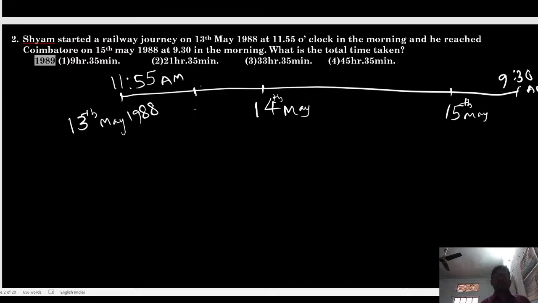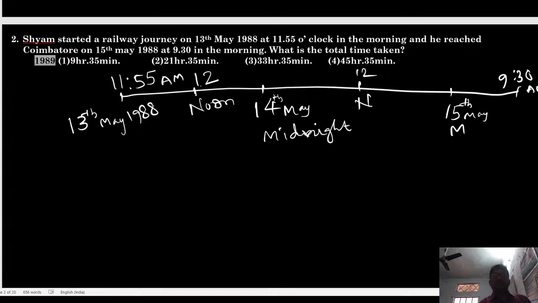In these two dates we have 12 noon, ante meridiem, and midnight, not only 9:30 AM.